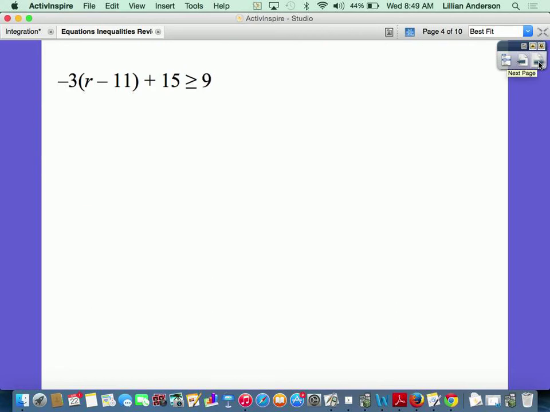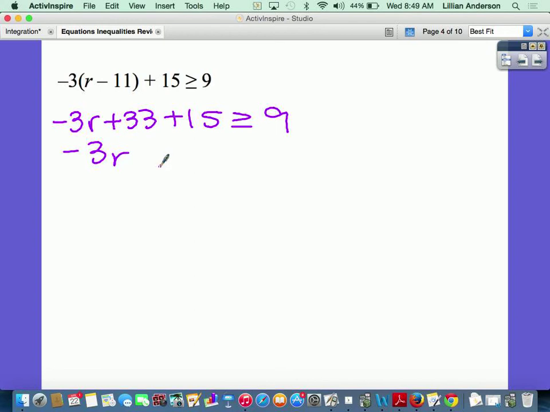What about here? What do I do? Now, when subtracting negative 3, I would need to distribute the negative 3. Now what? Combine like terms. That gives me 48. Now what?